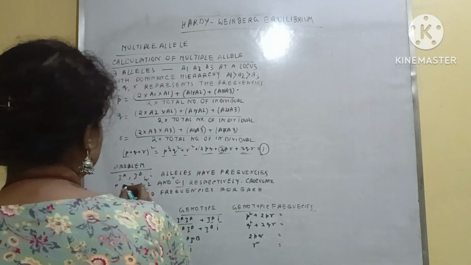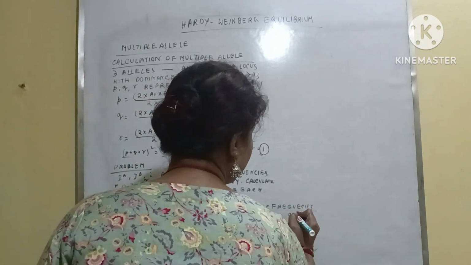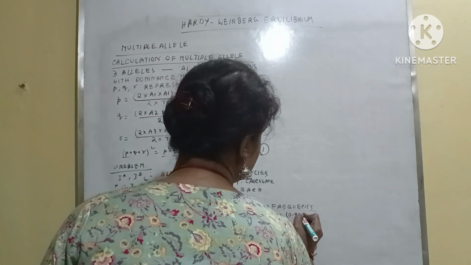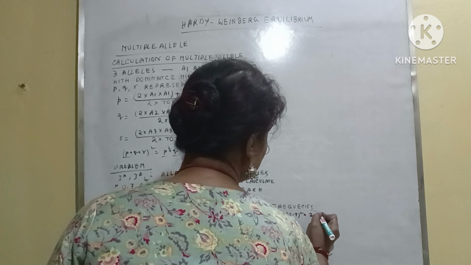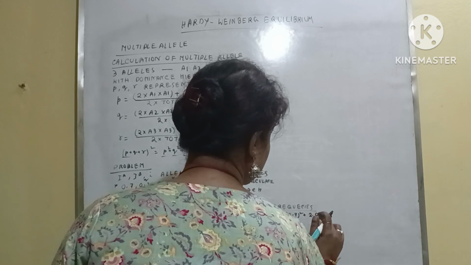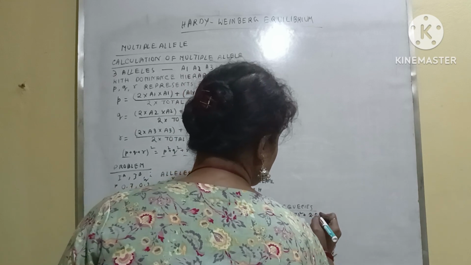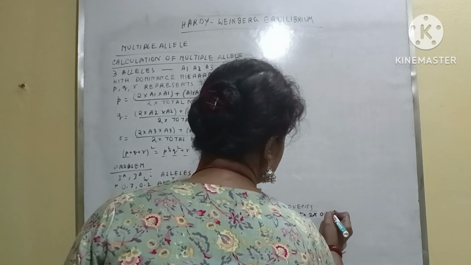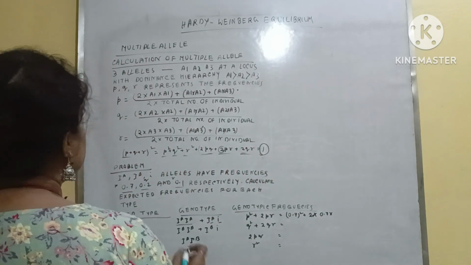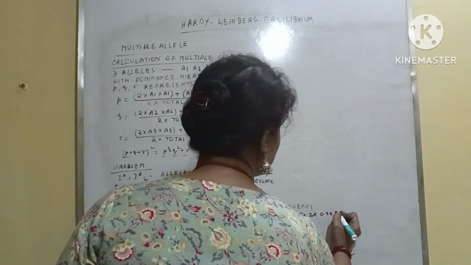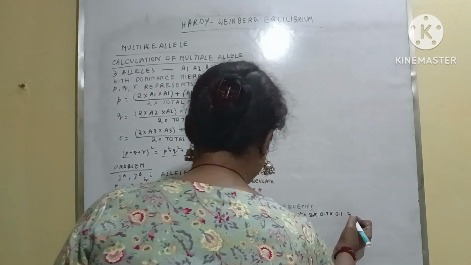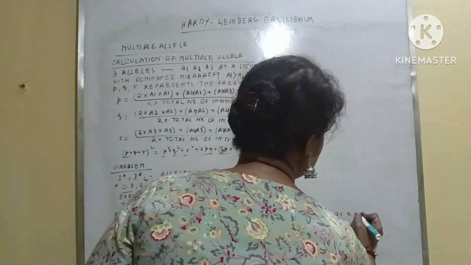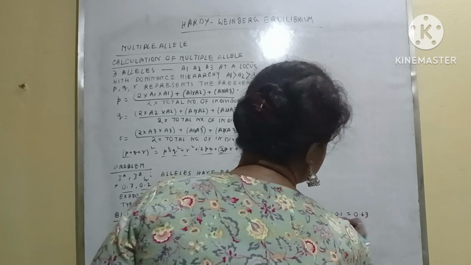For A: p square, that means 0.7 square, plus 2 into 0.7 into r, that means 0.1. So the value is 0.63.